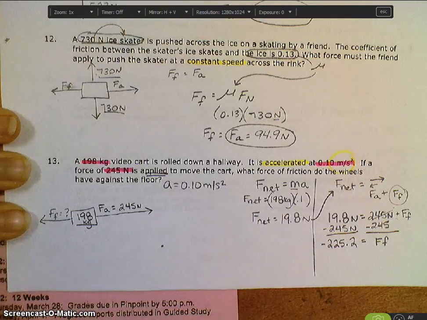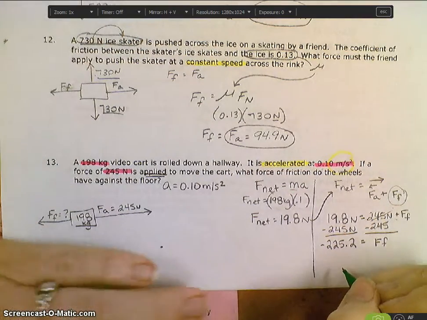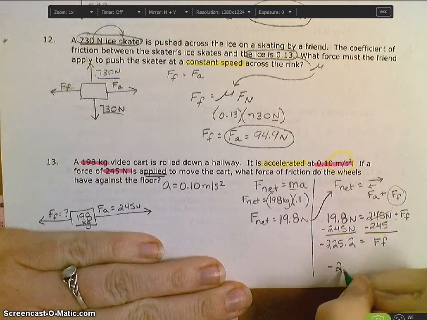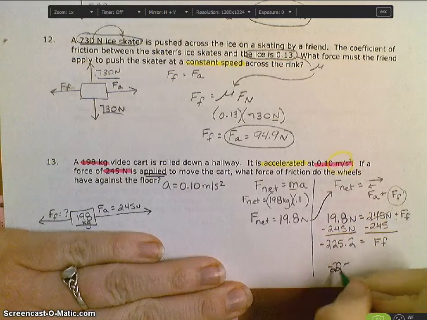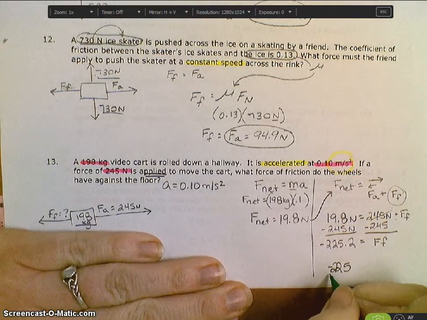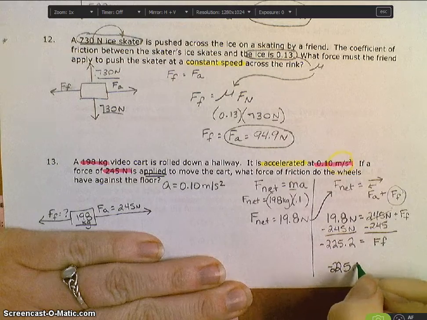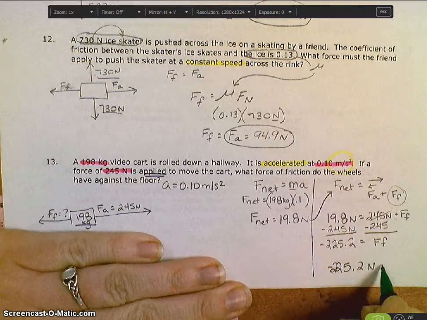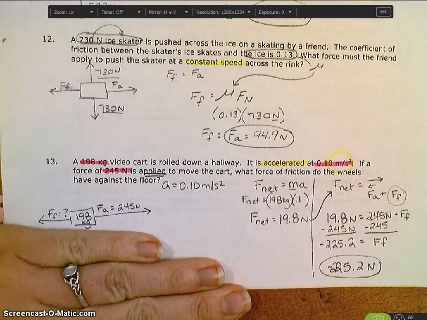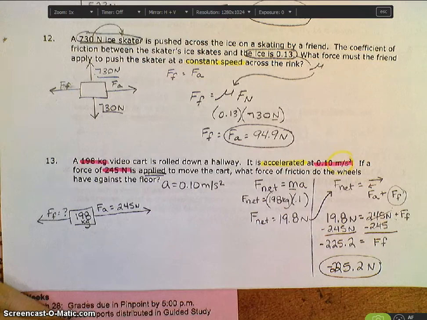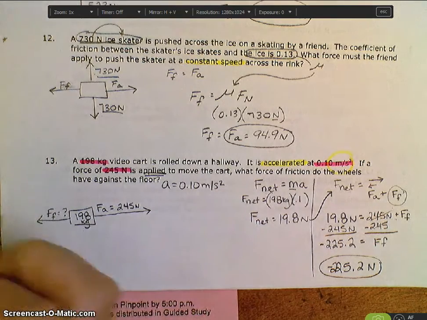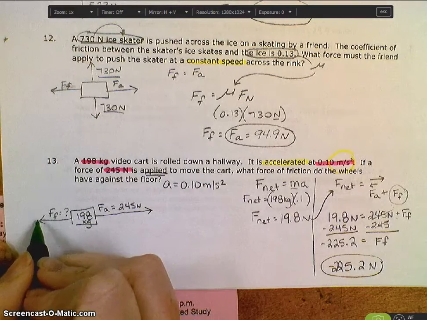I don't have room right there to write my unit, and I want to make sure my units are there when I answer the question. Oops. So I'm going to rewrite negative 225.2 newtons. That's my force of friction. I ask myself, does it make sense? Absolutely. Friction is always opposite.